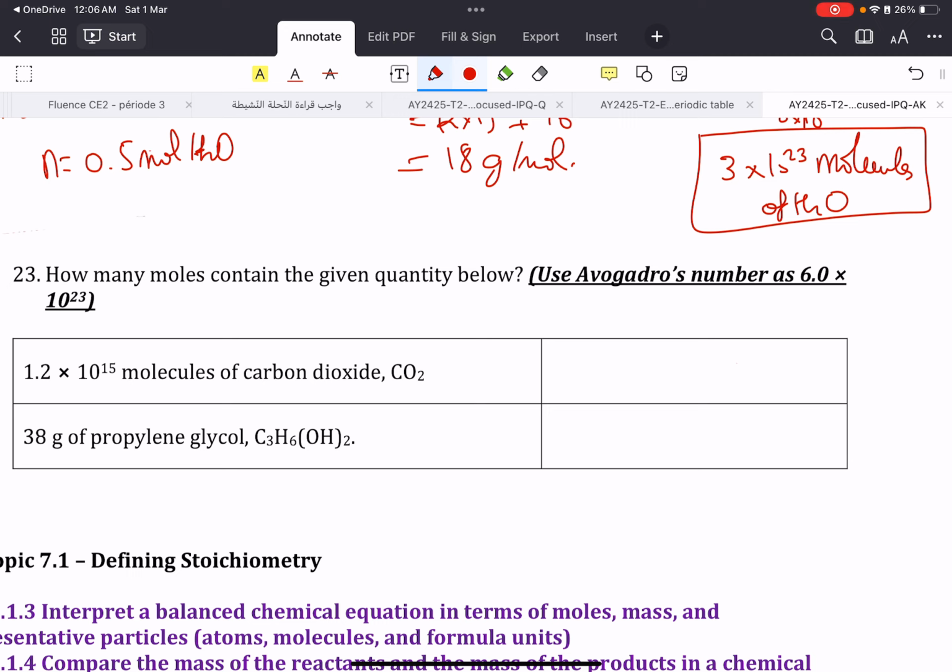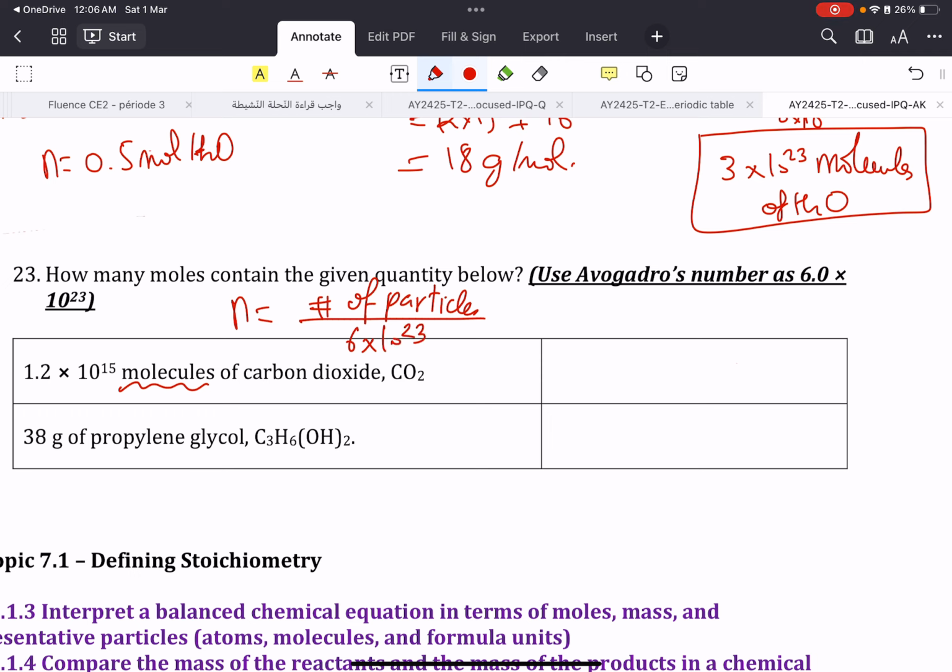Moving on. How many moles contain the given quantity below? So again, they are giving you a given quantity to calculate the moles, and the quantity is a molecule. It's a representative particle. So please remember this formula: particles over Avogadro's number.